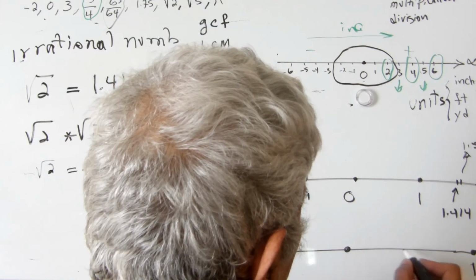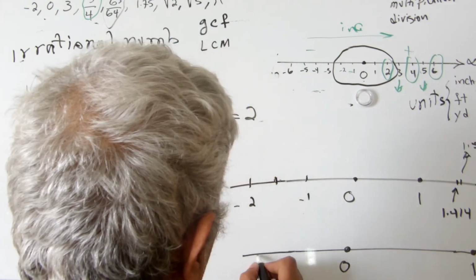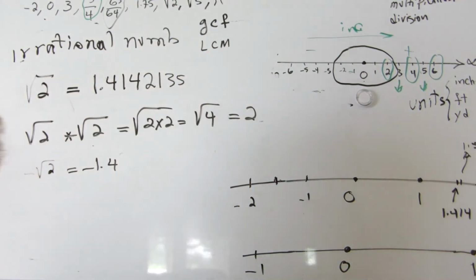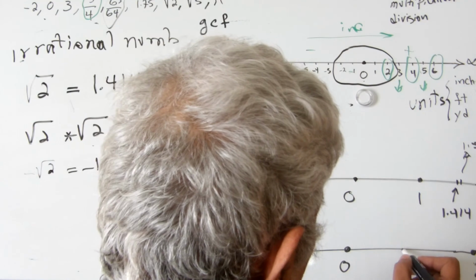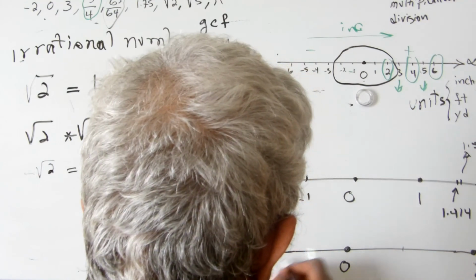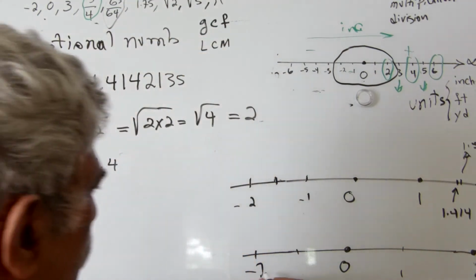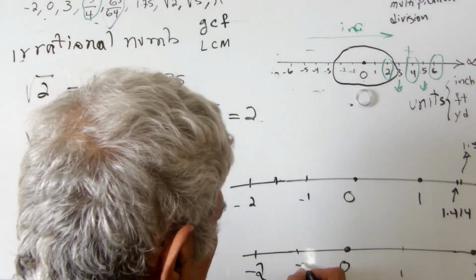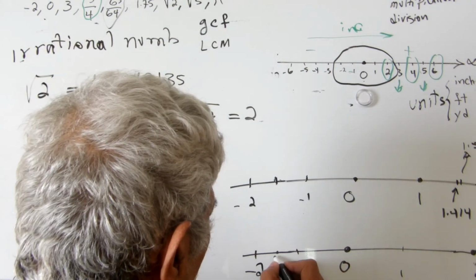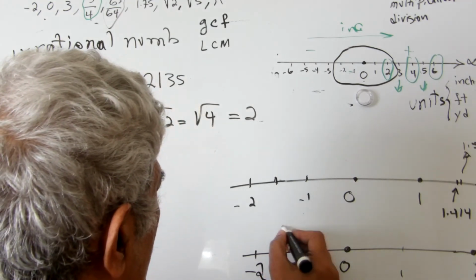This is 1, and we have 0, and then minus 1 here. Let's make it 2. Minus 1.4 is between minus 1 and minus 2, which is minus radical 2.